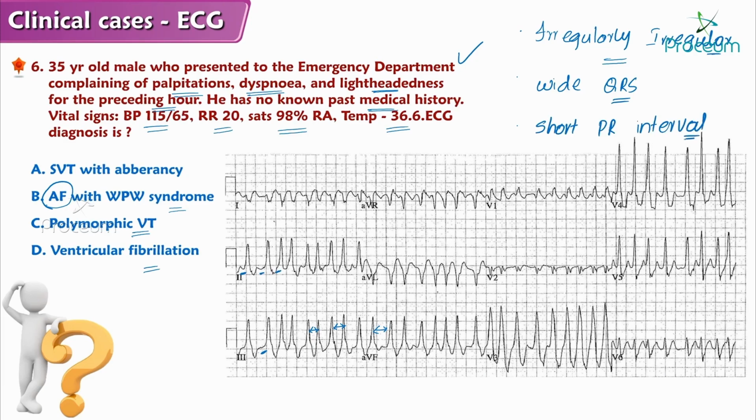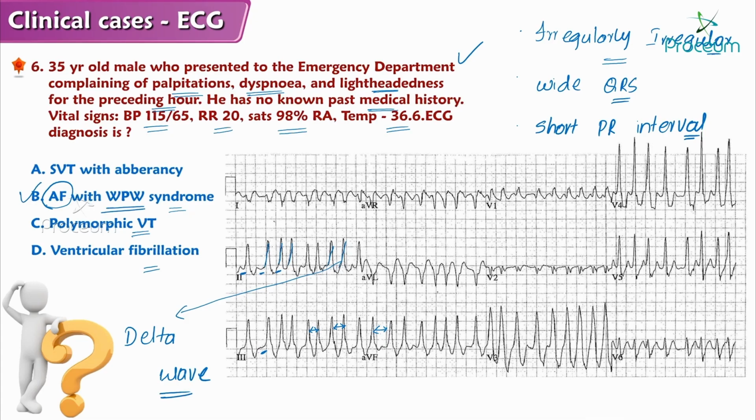And the next important point apart from the short PR interval is that in the QRS complex there is slurring of the R wave, and this is nothing but your delta wave. So this is nothing but atrial fibrillation with WPW syndrome.